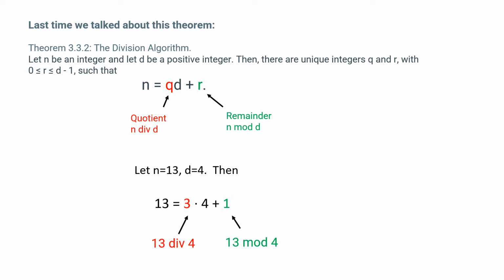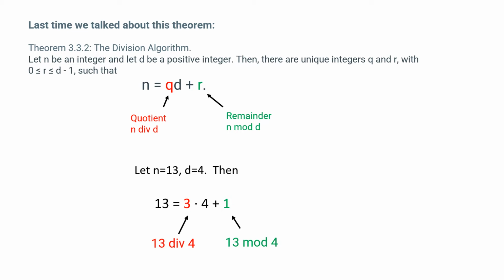But then it says that there are unique integers q and r with r between 0 and d minus 1 such that we can write n this way. n equals q times d plus r, right? And the q is the n div d, and the r is the n mod d.